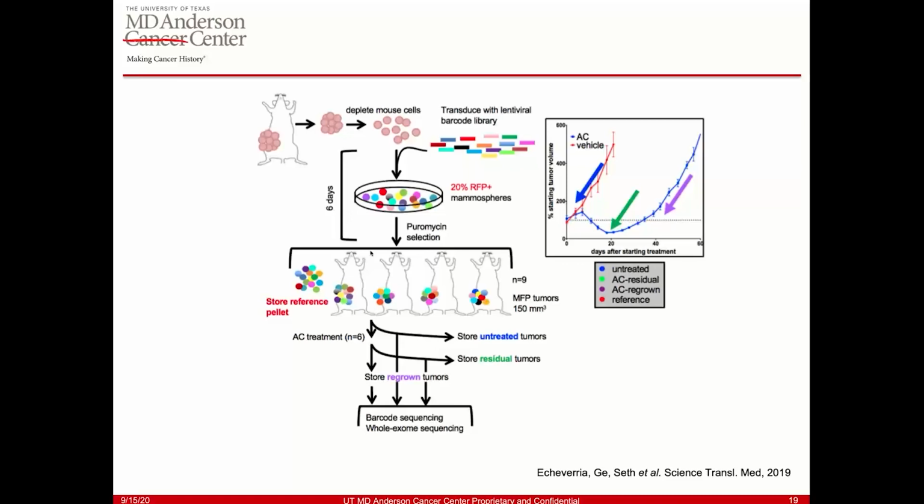And then some of them were extracted and stored untreated. Others were treated with AC, and then residual tumors were extracted, and that's shown on the panel on the right. By residual we mean less than a certain amount of the tumor being left, and then regrown tumors where the size almost reaches the initial untreated tumors.